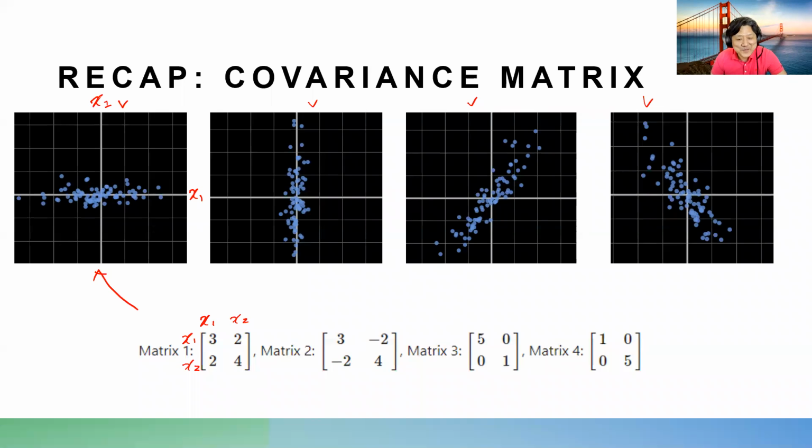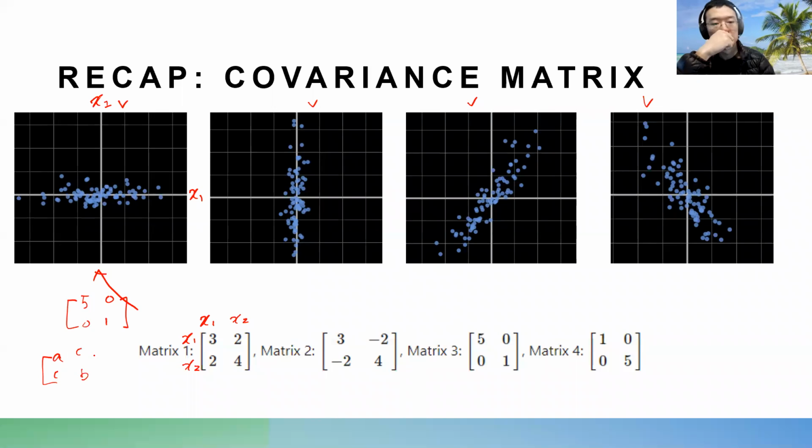Why 3? Because x1 has a larger variance and there is no covariance between x1 and x2. So the off-diagonal should be 0, and 5 is the larger variance indicating x1. It actually should be matrix 3. Because this is covariance, it should be symmetric, right?